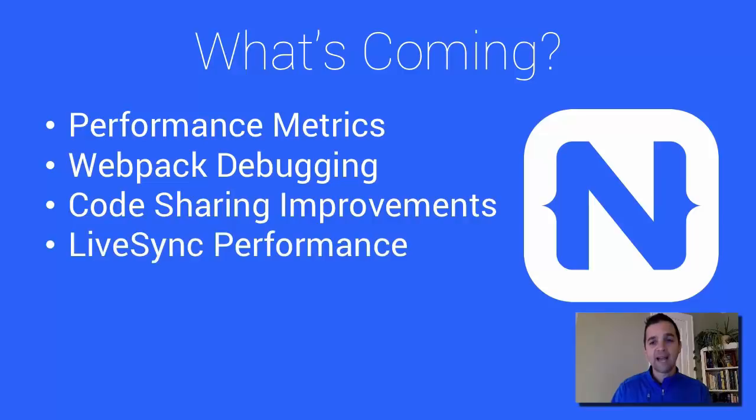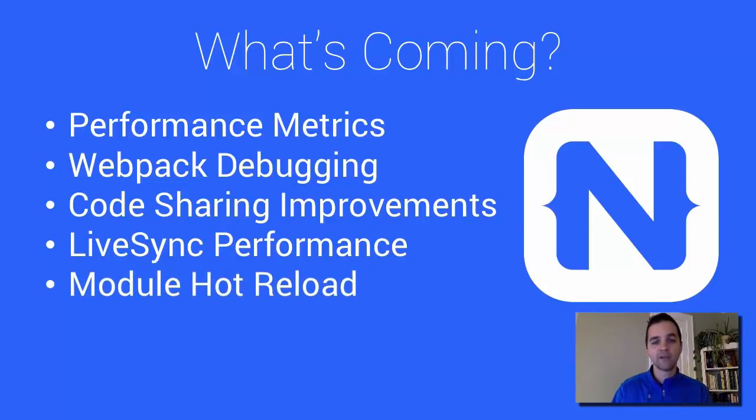And we're looking at improving live sync performance, fixing some bugs, but also making it considerably faster. Finally, we're starting to look at providing what you could almost call live sync v2, and that is a true hot reload of your NativeScript modules to provide an even better iterative development experience. So look for more news on these fronts in the coming weeks.